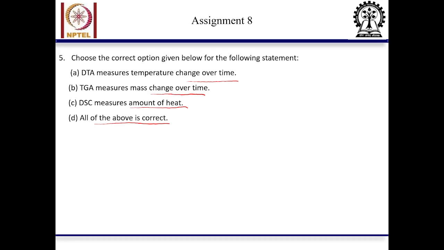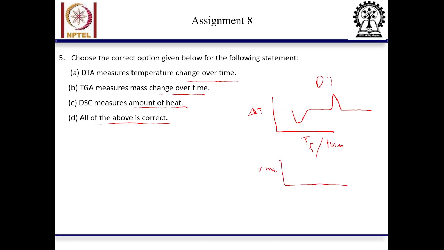Okay, so basically you are right, because in DTA I have told you this is the delta T versus TF, like furnace temperature, and we see this kind of plot. This is your DTA. This is TF for time because linearly correlated. TGA we have the mass change, percentage mass change versus time or temperature.